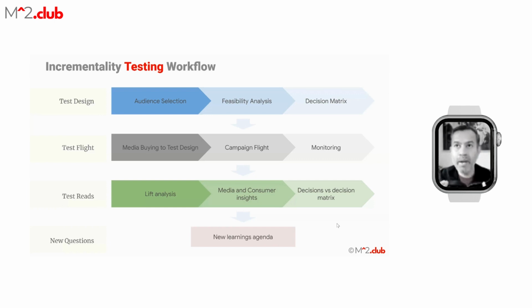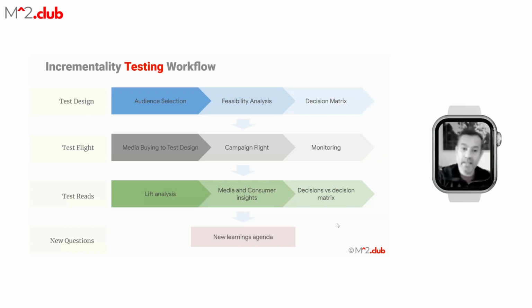Now, also what happens is that when you go through the testing process, you will find that when you go through feasibility analysis and decision matrix, in my experience, if I design 100 tests, I won't flight about 50 of them, maybe even 70 of them. Why? The decisions are so obvious. You go through the whole process and the first time you'll say, oh, wait. If the lift is actually 20%, which is really an out-of-the-world lift, even then the ROAS is pretty poor.